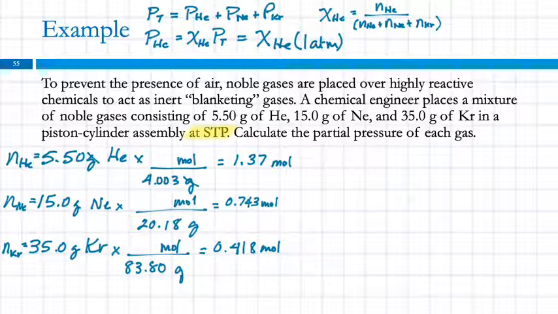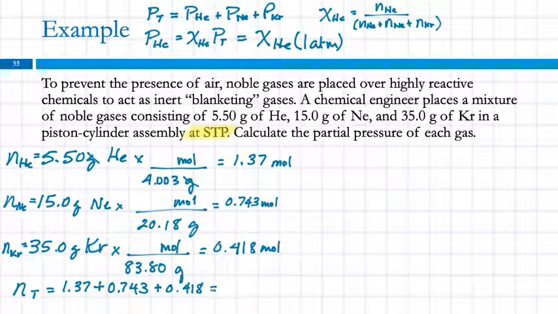So the total number of moles, N total, is going to be the sum of those. 1.37 plus 0.743 plus 0.418. 2.531 moles.